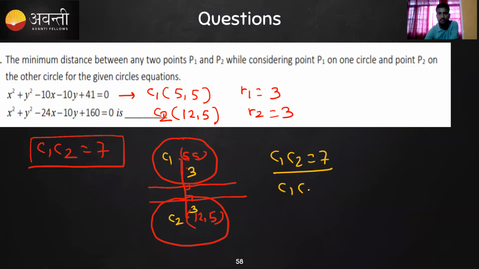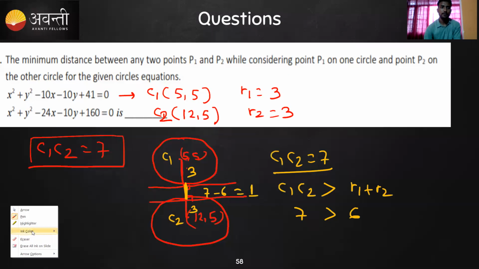So here you can see C1, C2 is exceeding R1 plus R2. It is 7 and R1 plus R2 is 6. 3 plus 3 is 6. So what will this value be? This will be nothing but 7 minus 6 is equal to 1. Okay guys, so 1 will be the minimum distance between both these points. Okay, I hope everyone understood these things.